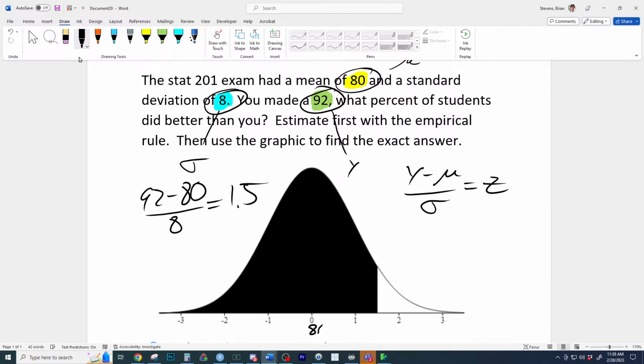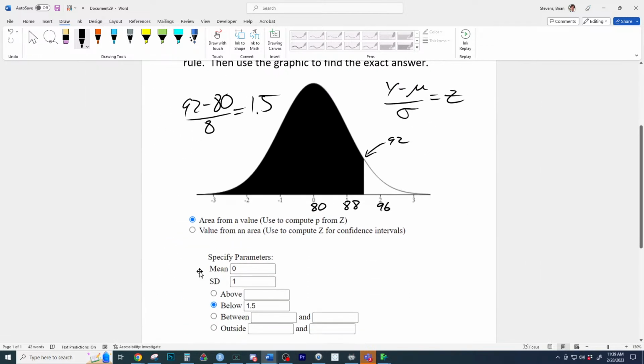What do you notice immediately about this? And we'll show how they got the other answers here in a second. What do you notice? 92 has a z-score of 1.5.